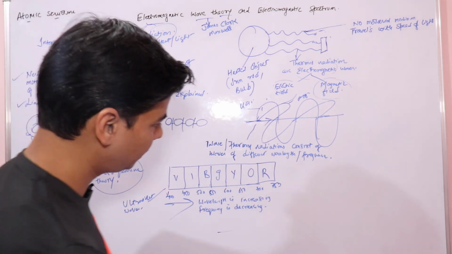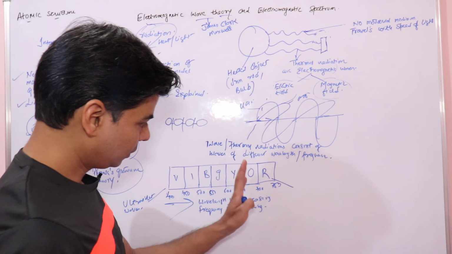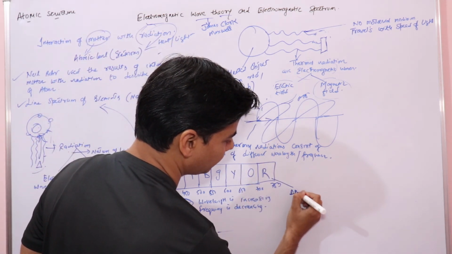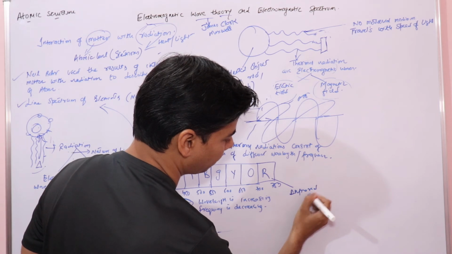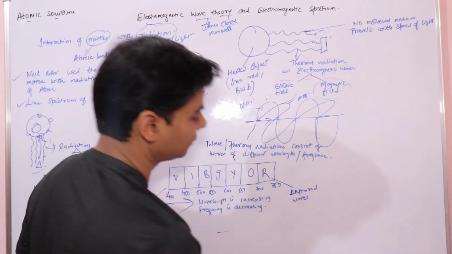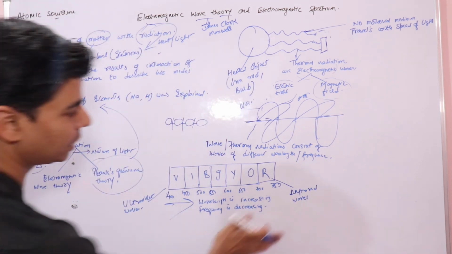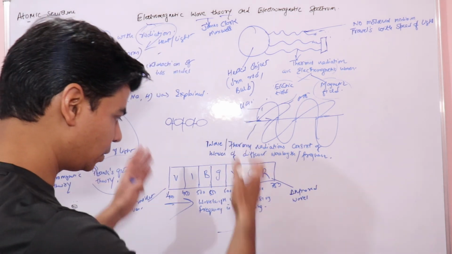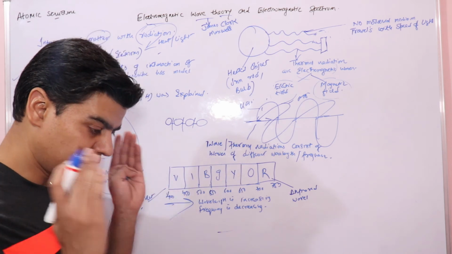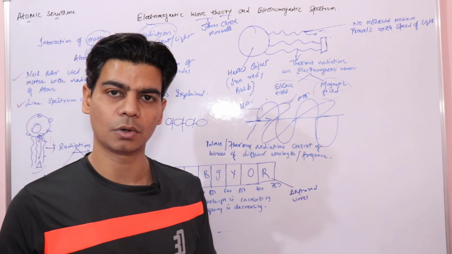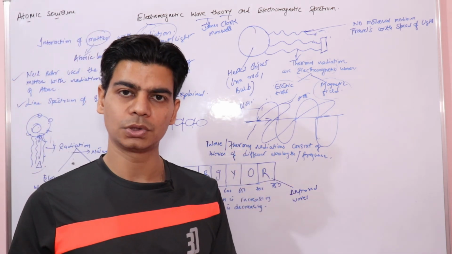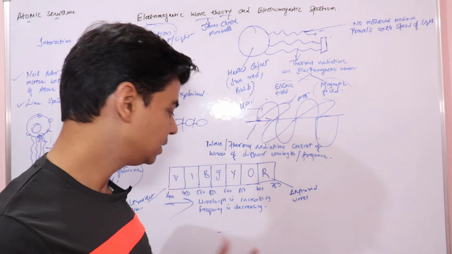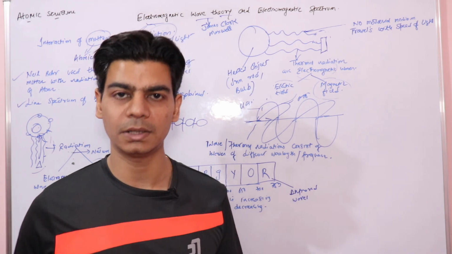These are ultraviolet waves, and above red, these are infrared waves, right? So here you get the infrared spectrum, here you get the ultraviolet spectrum. And what is VIBGYOR, or what we see, is a very small portion of the entire electromagnetic spectrum. So the visible region is a very small portion of the entire electromagnetic spectrum, right?